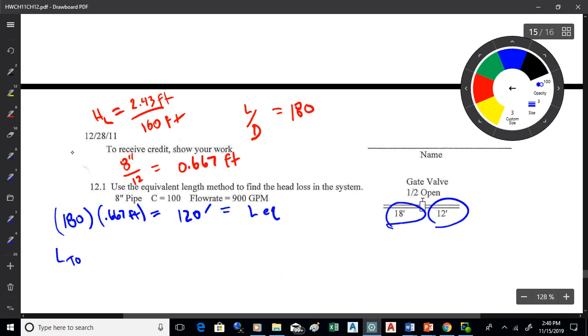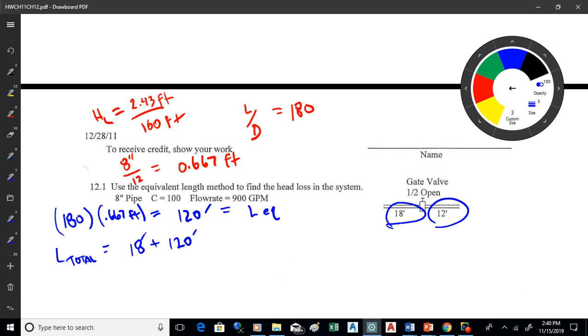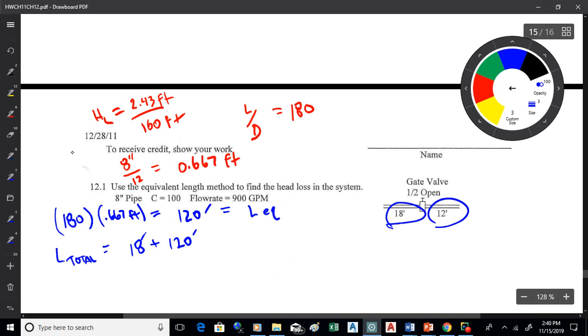So L total is going to be that 18 plus the 120 feet, which gets us the equivalent head loss for the gate valve, and then we've also got 12. If we add those together, we get 150 feet for our L equivalent total.